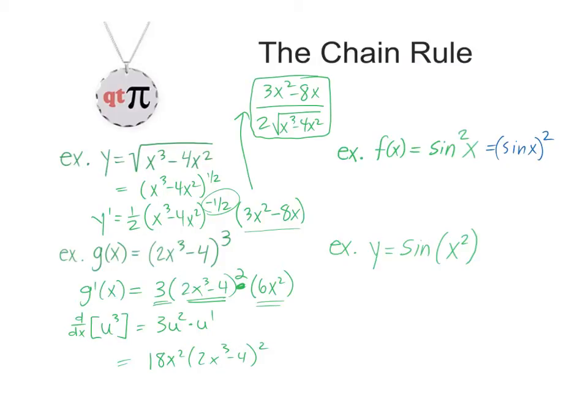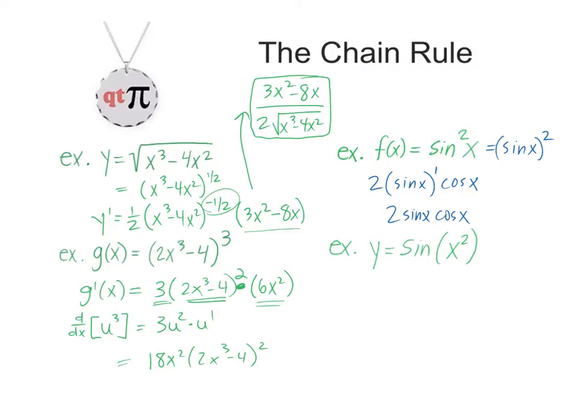The derivative of anything squared is 2 times that thing to the first, and you can put that 1 there or not, I'm putting it now to be clear, times the derivative of that thing, that inner u. The derivative of sine is cosine. So my answer is 2 sine x cosine x.